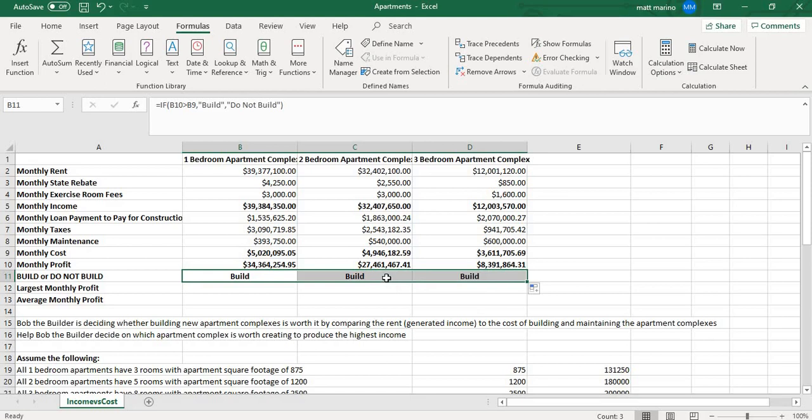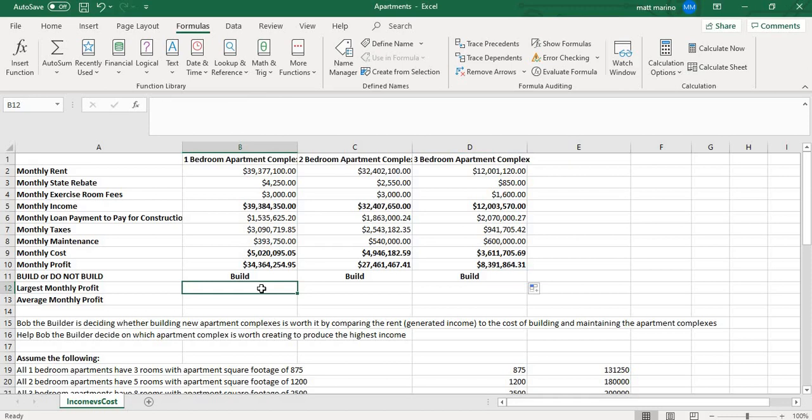We drag our formula through. However, you have to double check and make sure the formulas are correct. In this case, they are. C10 and C9 are our profit and our cost we are comparing. Same thing within our 3-bedroom.